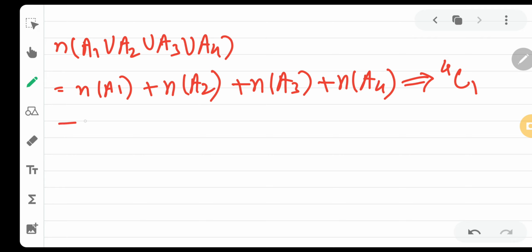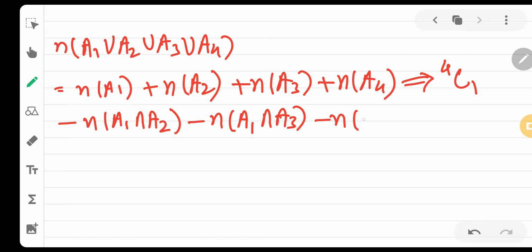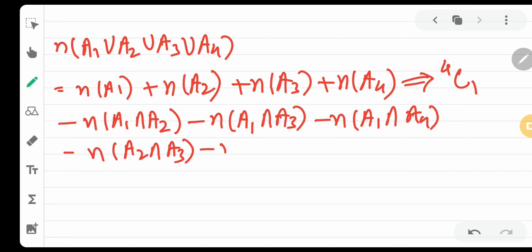Then minus number of A1 intersection A2, minus number of A1 intersection A3, minus number of A1 intersection A4, minus number of A2 intersection A3, minus number of A2 intersection A4, minus number of A3 intersection A4.